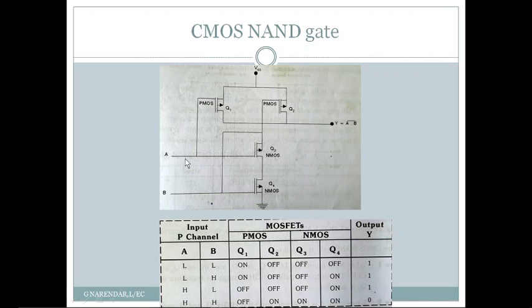So when both inputs are low, you can see here both P MOSFETs are on because a low signal is applied at the gate of the P MOSFET. So Q1 and Q2 are on, both P MOSFETs are.